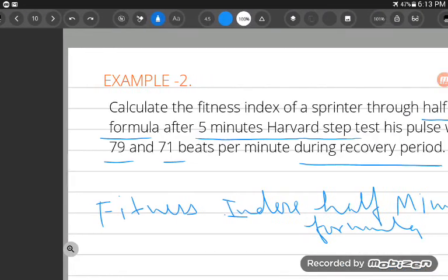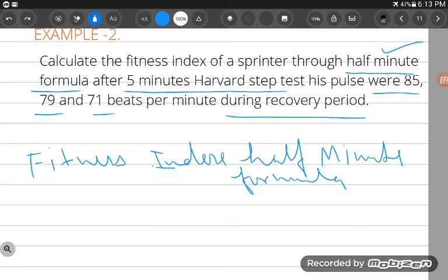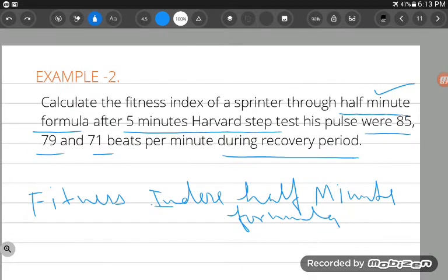So which formula have you got on page number 9?